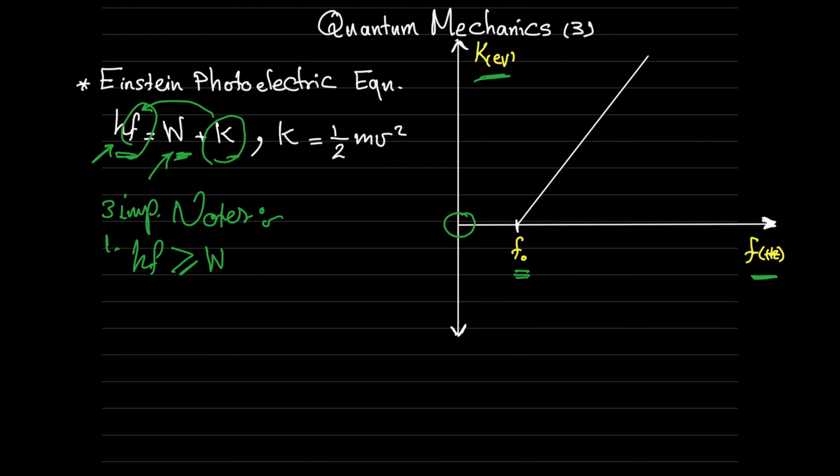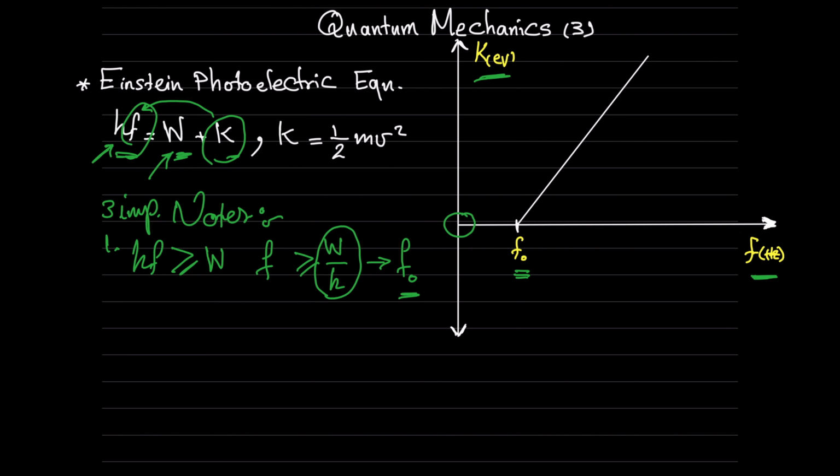of this metal. This implies that the frequency must be greater than or at least equal to the work function of this metal divided by the Planck constant. And this is actually the threshold frequency, or the minimum frequency required for releasing the electron from the metal surface.